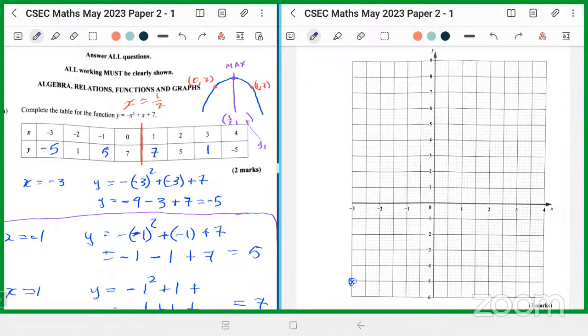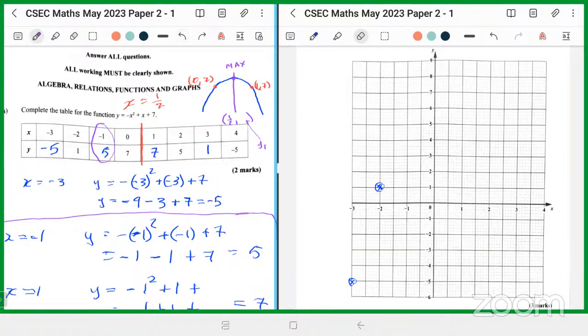Yes, sir. All right. The second point is (-2, 1). Negative 2 is the x value, 1 is the y value. So see here, negative 2, and we're going up to 1. We're talking about this point right here. You have to plot the points correctly. The next point is (-1, 5).